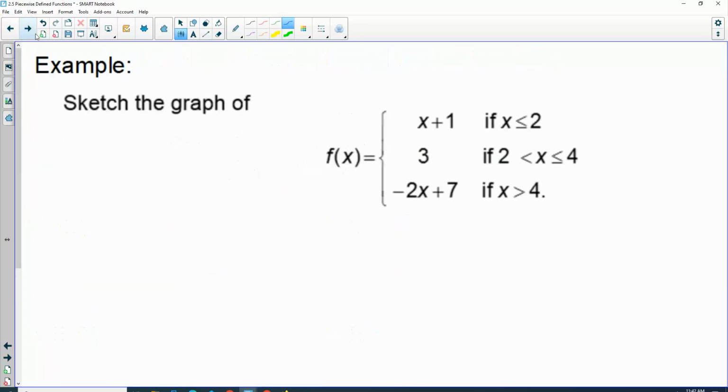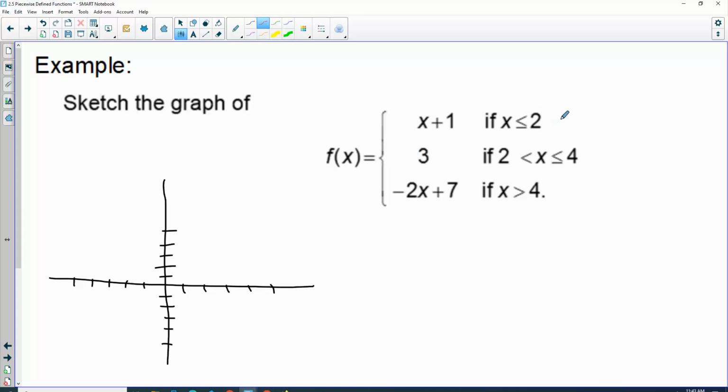We're going to graph this one. Okay, how many different t-charts am I going to need? 3.